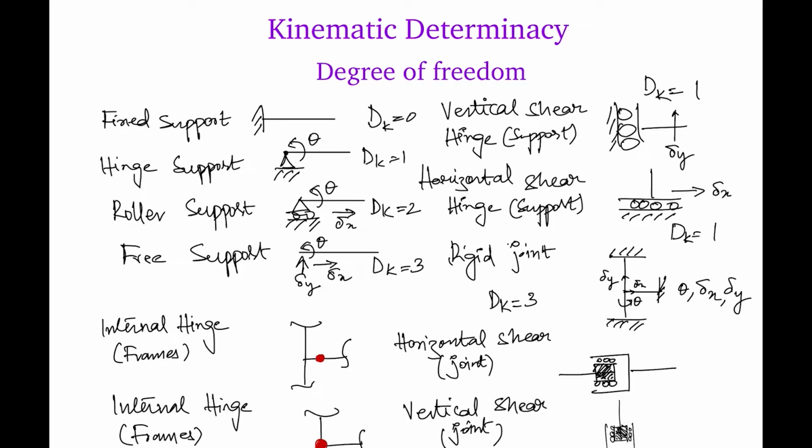Now for internal hinge, what are the different possibilities of directions? We have rotation in this direction, rotation along this direction, and it can even go delta x, and this is delta y. So degree of freedom for internal hinge is equal to 4.